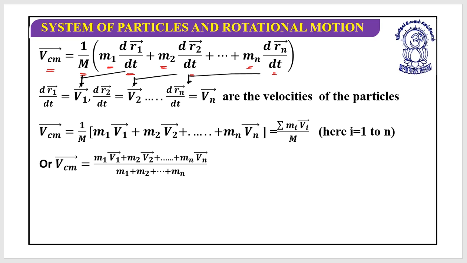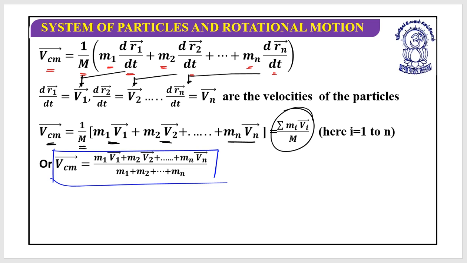So vcm = 1/M (m1 v1 + m2 v2 + ... + mn vn), which equals sigma mi vi divided by M, that is (m1 v1 + m2 v2 + ... + mn vn) divided by (m1 + m2 + ... + mn).